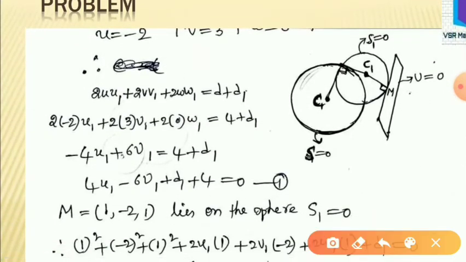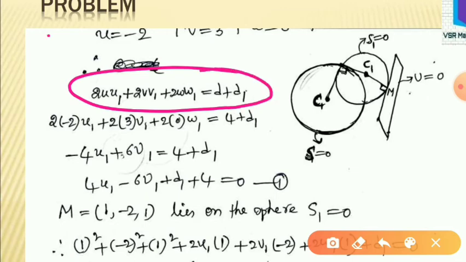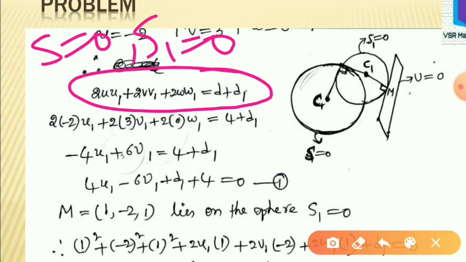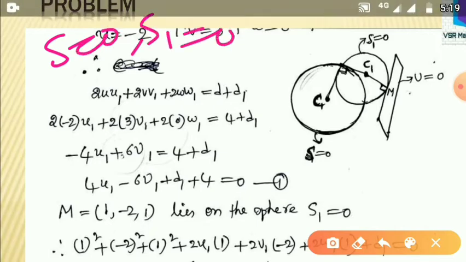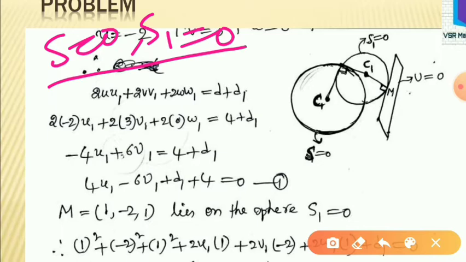This is the condition for orthogonality. Here S = 0 is one sphere and S1 = 0 is another sphere. Therefore the condition for orthogonality can be written like this: 2uu1 + 2vv1 + 2ww1 = d + d1.